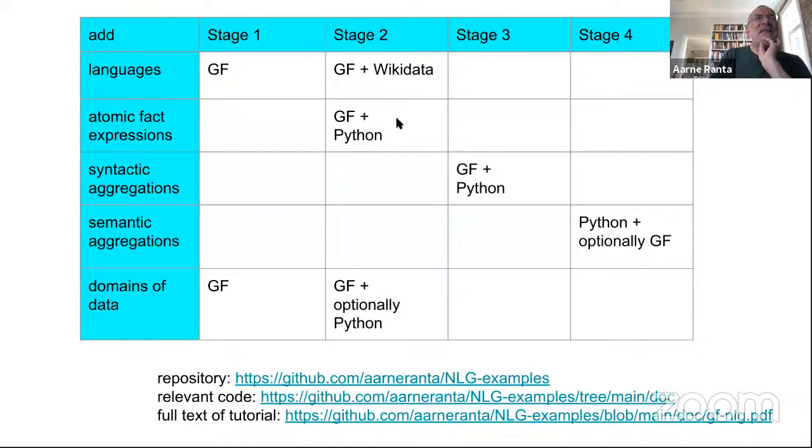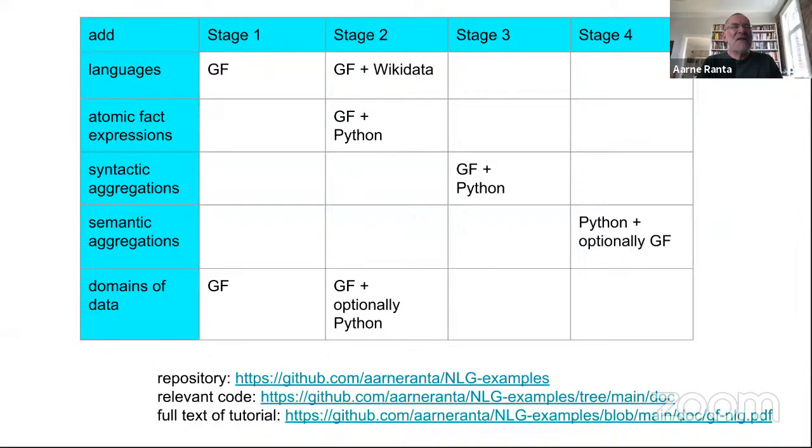Atomic fact expressions: there was nothing at stage 1, but at stage 2 you would need to define something in GF and then some Python code that uses it. The same thing with syntactic aggregations. With semantic aggregations, since there is already an API with many GF functions, it might be enough to write something in Python, but optionally you can add something in GF.